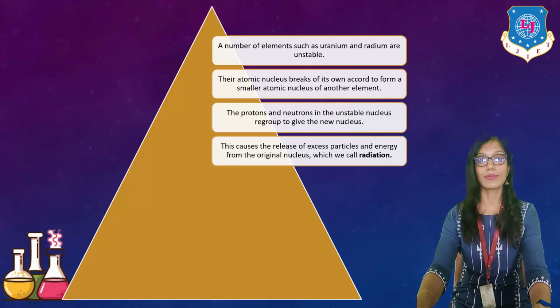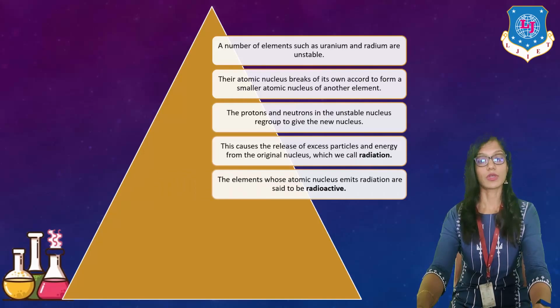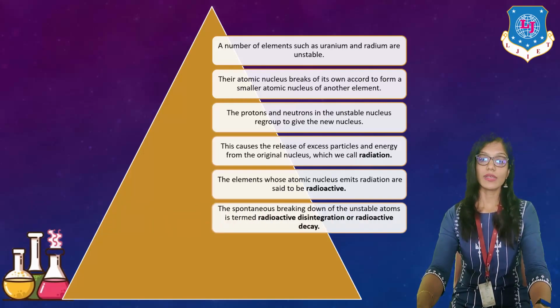So they release themselves, and that release is known as radiation. The elements whose atomic nucleus emits radiation are said to be radioactive. And the spontaneous breaking down of unstable atoms is termed radioactive disintegration or radioactive decay, right?